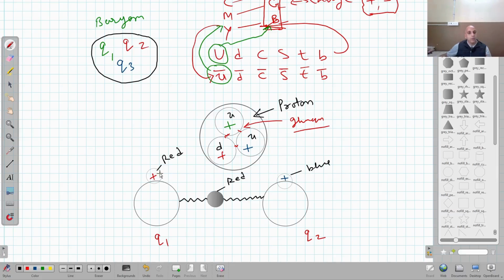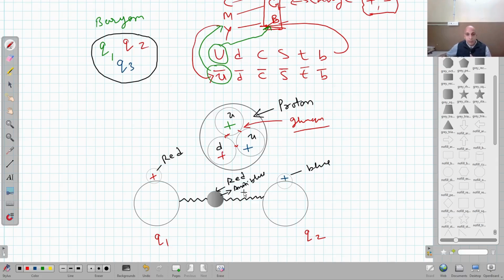Red quark is going to become blue and blue quark is going to become red. So this gluon has to carry one color and one anti-color. So it is carrying red along with it, and it is also carrying anti-blue. Why? Because when this quark becomes blue, it has to compensate with this one, right?